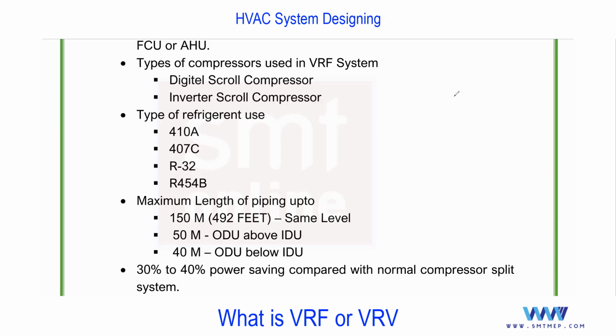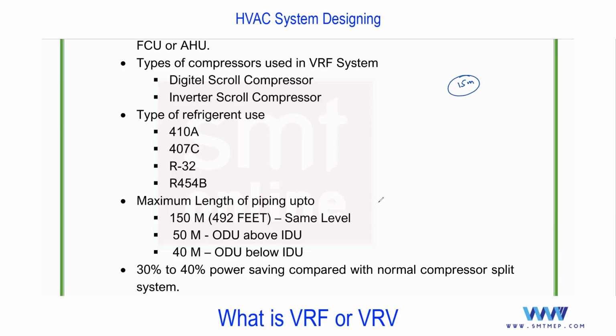That depends on capacity, because if you talk about the split cassette type with 4 TR, because splits are available up to 4 TR, no? With 4 TR, the length of the pipe may also be up to 45 feet, nothing but 15 meters. So the limit for split is what? 15 meters. That too as per the capacity, not for all. For 1.5 to 2.5 TR, you may get 25 to 30 feet, not more than that.